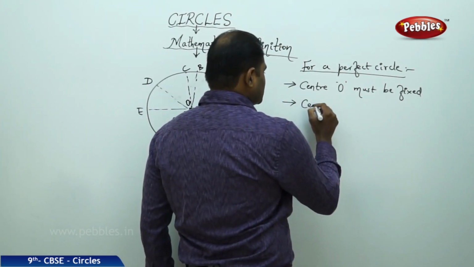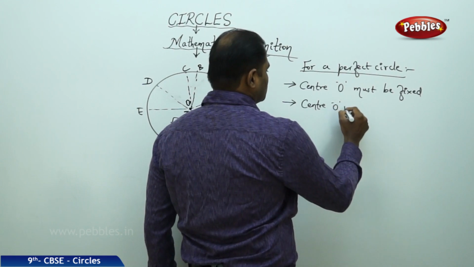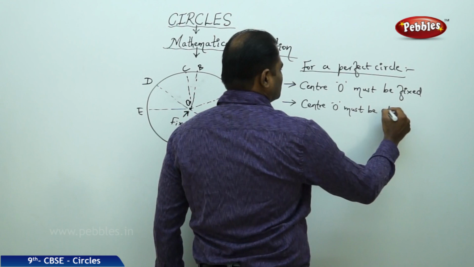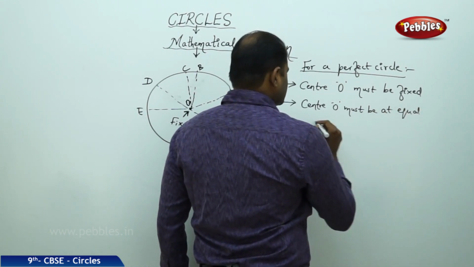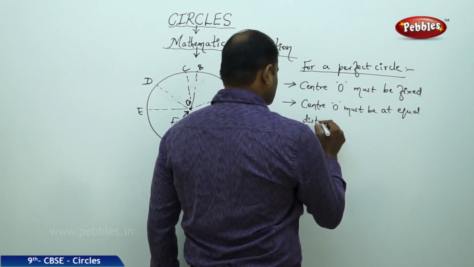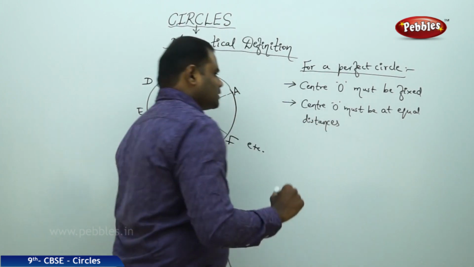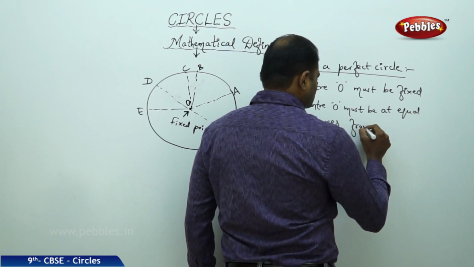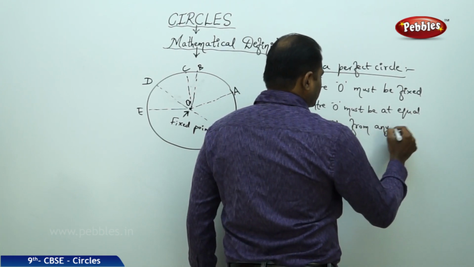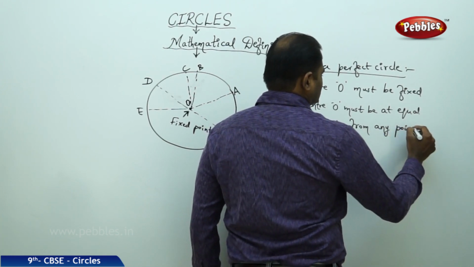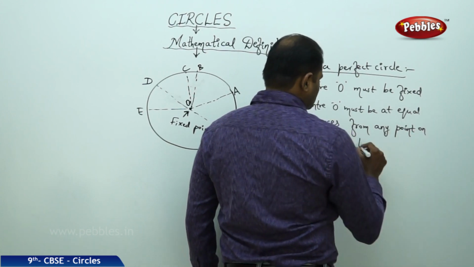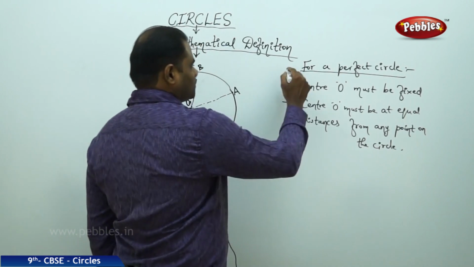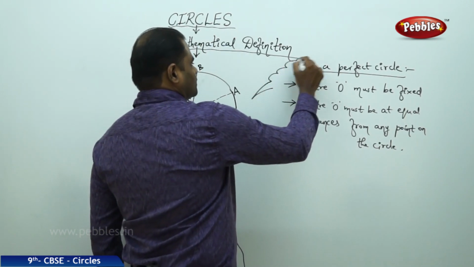The second point is that center O must be at equal distances from any point on the circle. So this is how we define the perfect circle.